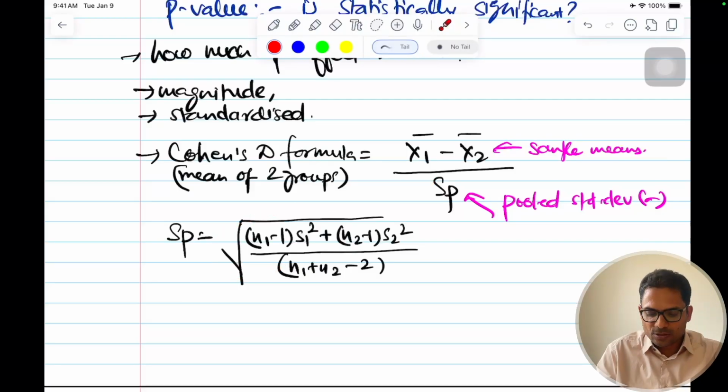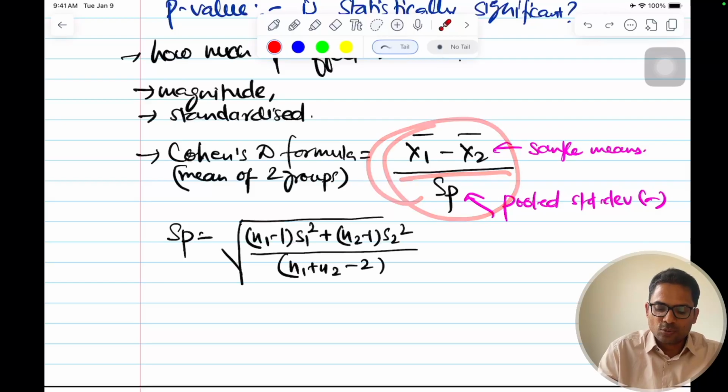For these two medicines, we have the sample size and the mean recovery time from the data, so we can calculate the sample means. We can calculate the pooled standard deviation also, and this makes it standardized because the units will be the same. It is the square root of variance.